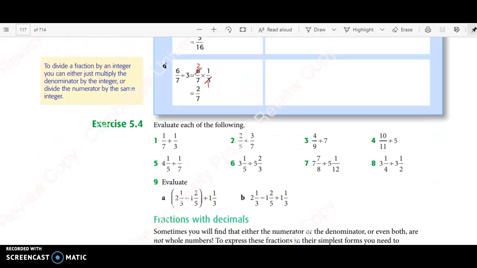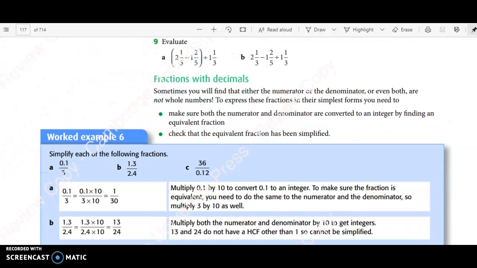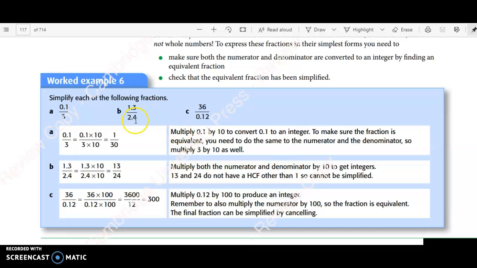Okay, that's all for today, I think. Oh yeah, we have fractions with decimals first. Okay, now if you have a fraction with a decimal, you may simplify it first by changing 0.1 into a fraction, or multiply both numbers by the decimal digit.